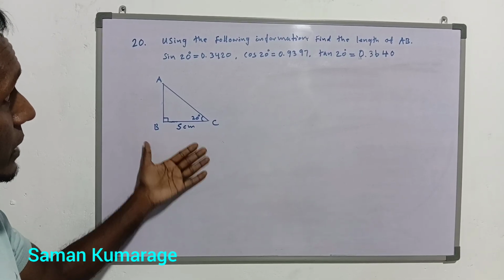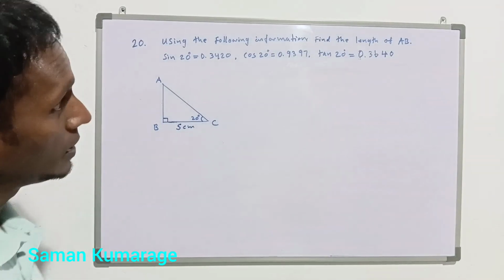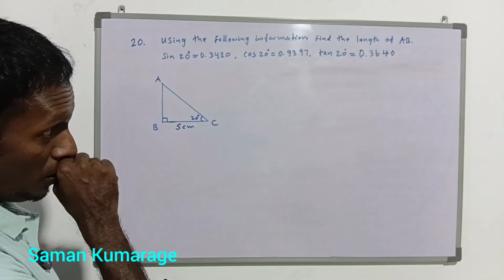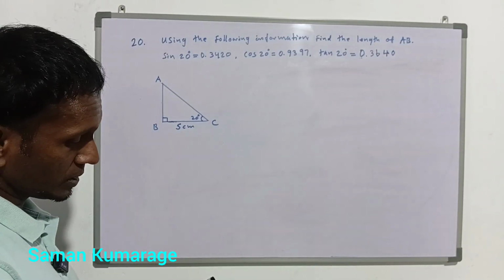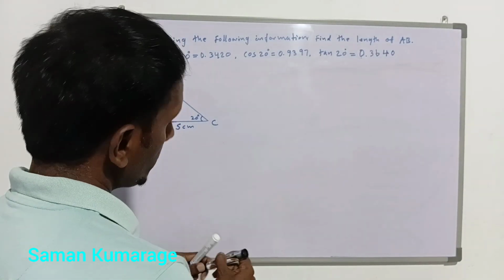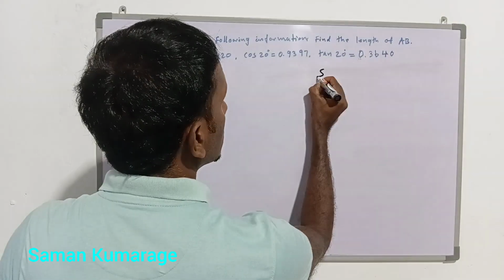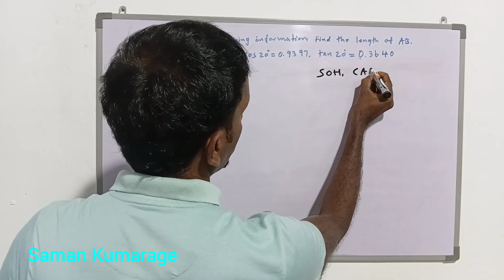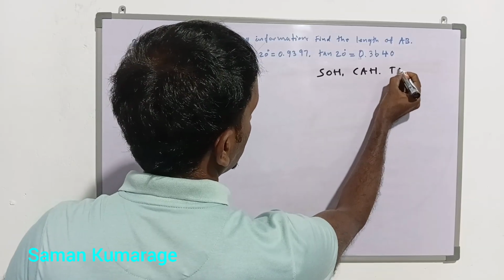So in trigonometry we have already studied three ratios. Those are SOH, CAH and TOA.